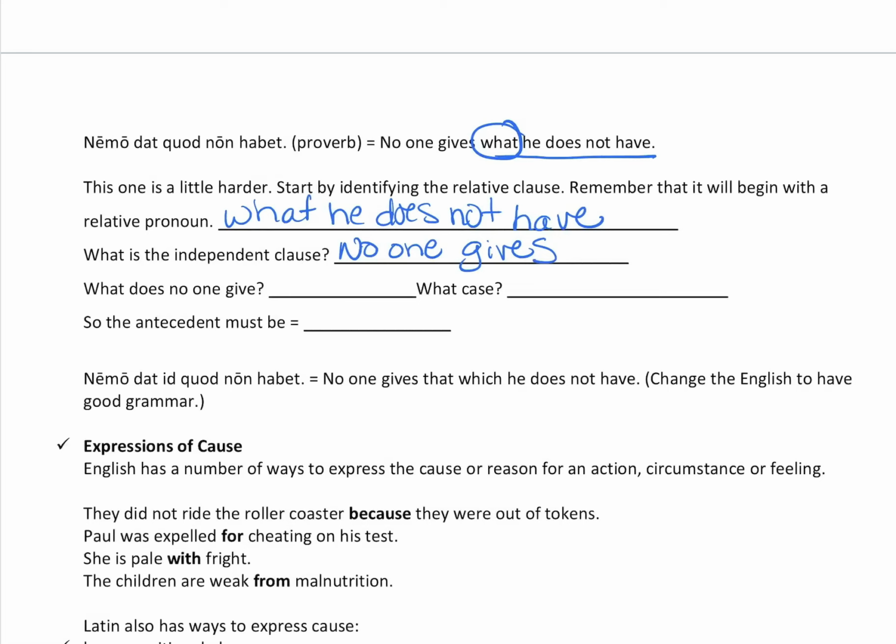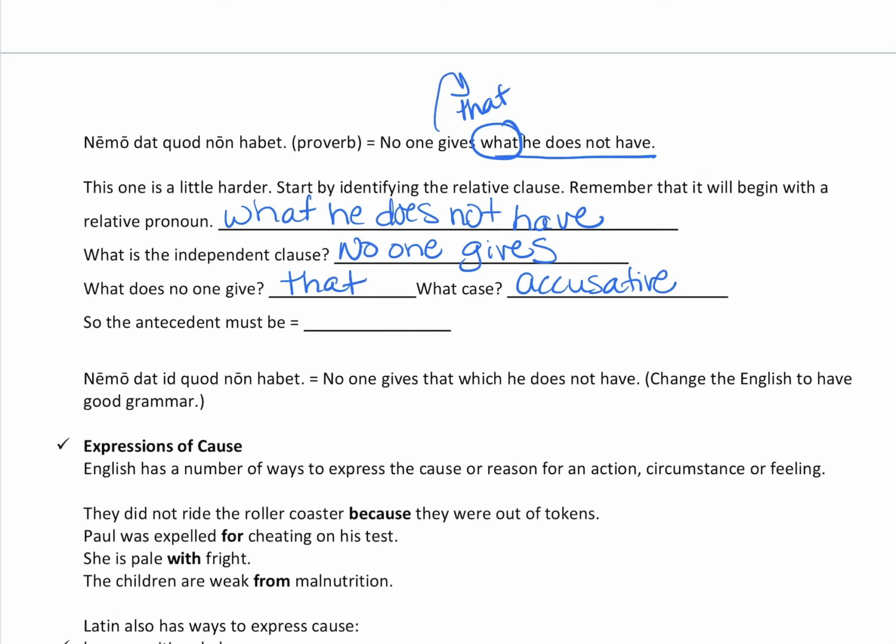No one is the subject. Give is the verb. No one gives. What does no one give? No one gives that. No one gives that which he does not have. And what case would that be? No one gives. What is given? That. So it has to be accusative.